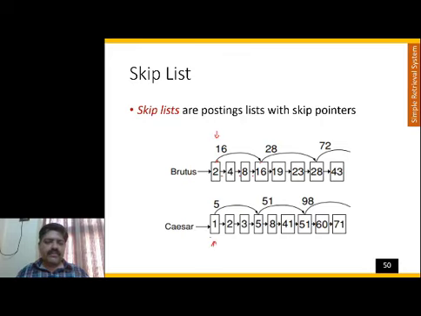For example, I know that I have 5 in this list at some place, so I don't want to take the 16 pointer, I would rather go sequentially. But if I have a very large value, I can choose to just skip.